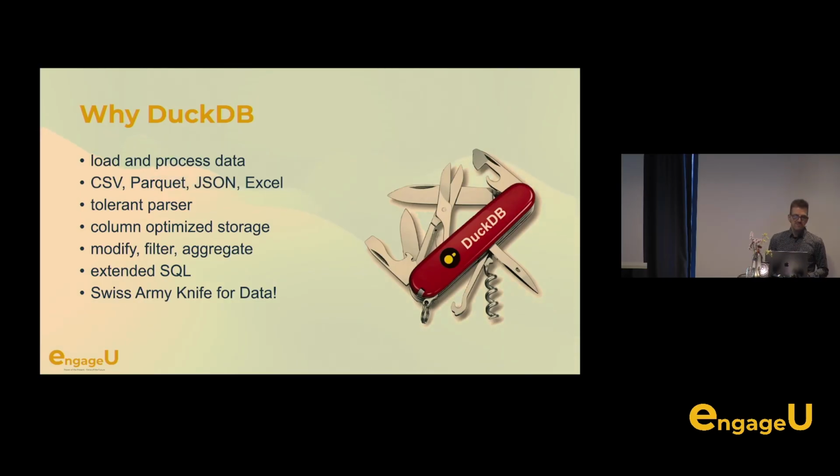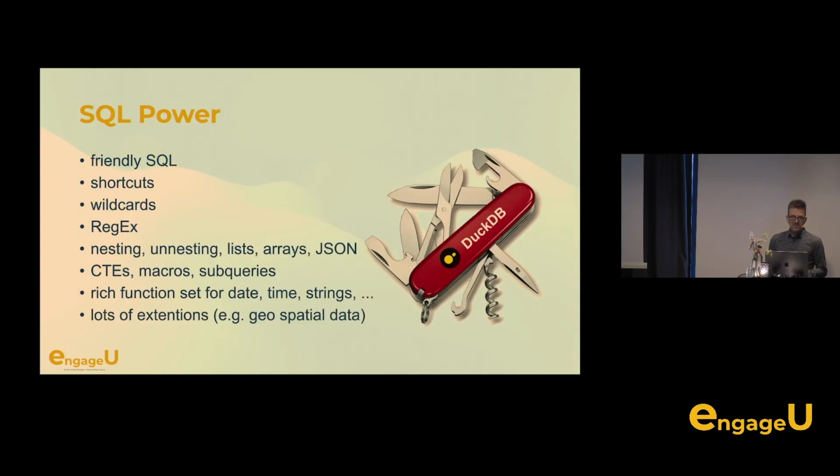The SQL power lies in friendly SQL: if you write some commas in the wrong place, it will even work. They have some shortcuts. You can leave out some traditional techniques and make it easier. They have wildcards for columns, even regex and some highly sophisticated patterns.